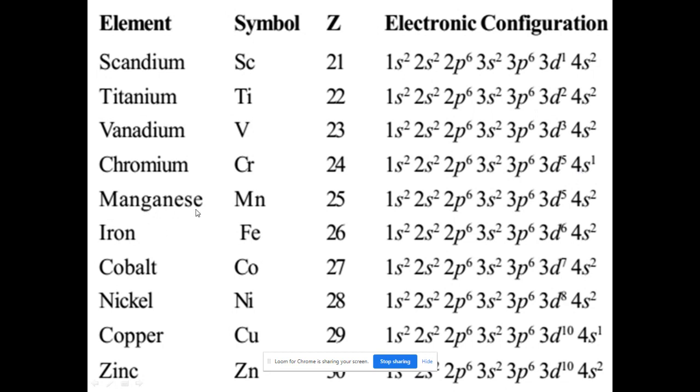The next element is manganese, symbol Mn, atomic number 25, whose electronic configuration is 1s2, 2s2, 2p6, 3s2, 3p6, 3d5, 4s2. Next is iron, atomic number 26, with configuration 1s2, 2s2, 2p6, 3s2, 3p6, 3d6, 4s2.